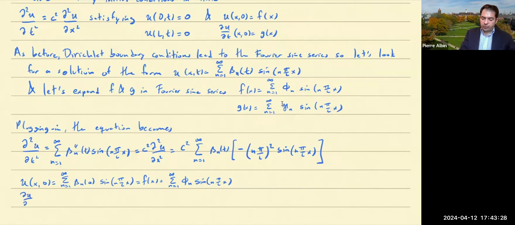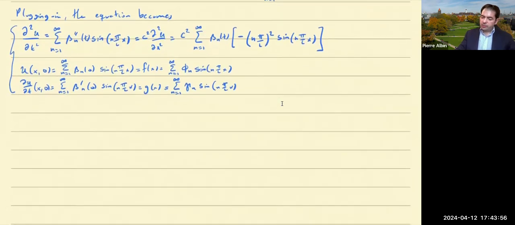And the derivative of u with respect to time at time 0 would be the sum n goes from 1 to infinity of beta n prime of 0 sine n pi over L x. And we want that to be equal to g of x, which has this Fourier sine series. So that's what the equation becomes.